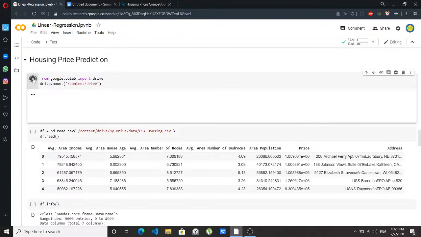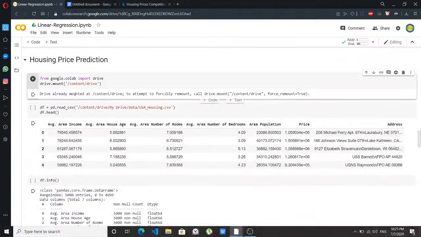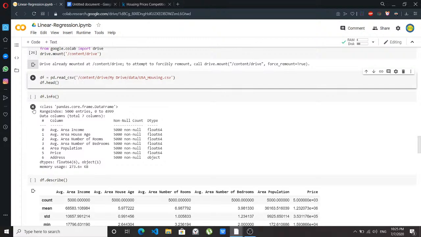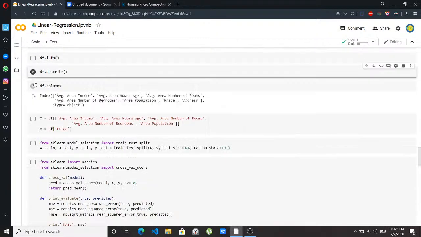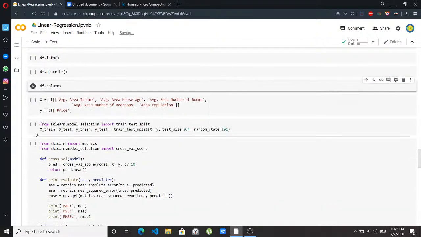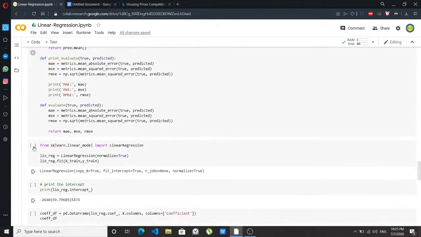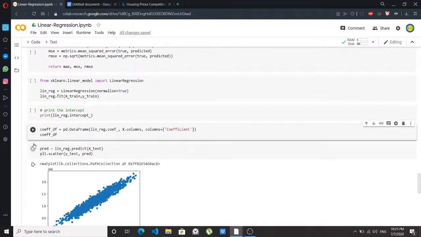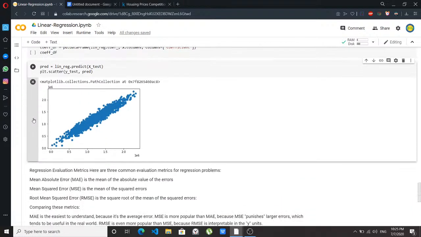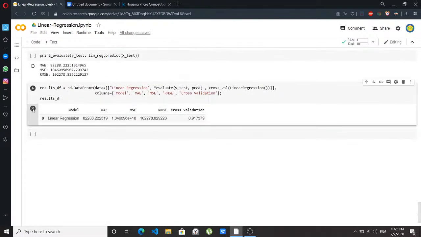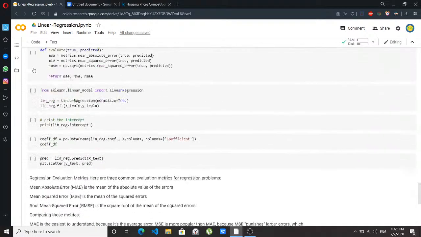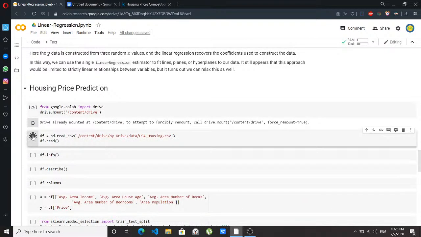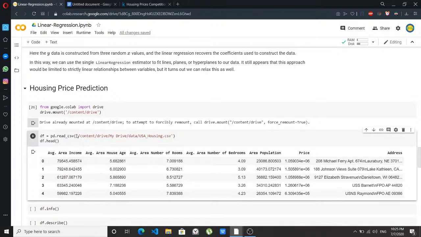I'm mounting the drive to this. The drive is already mounted, and let's remove this all. I tested this once to know that there are no errors. So let's import the data.